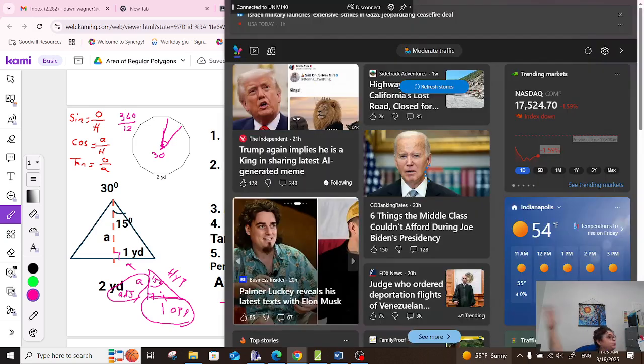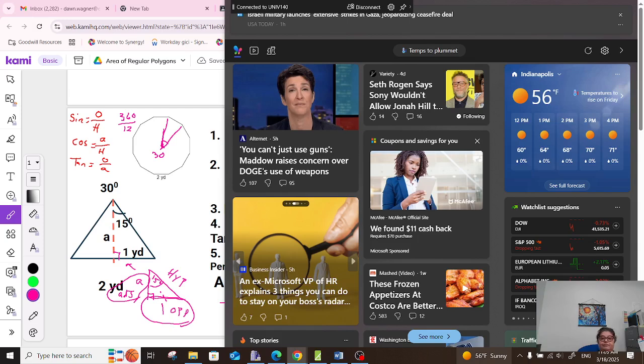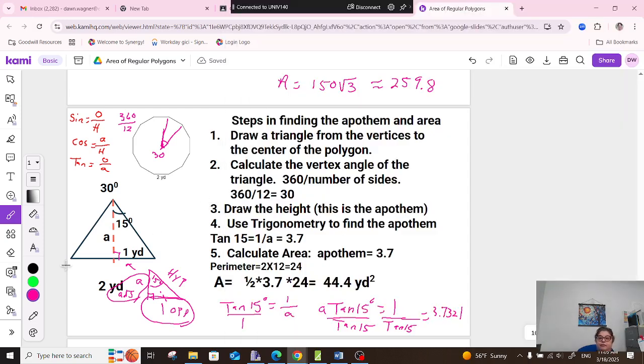I'm going to go out pretty far so that in the end, I'm not going to have rounding errors. So this is what? That's the apothem. And probably when I rounded to 3.7, I'm going to get a different answer.